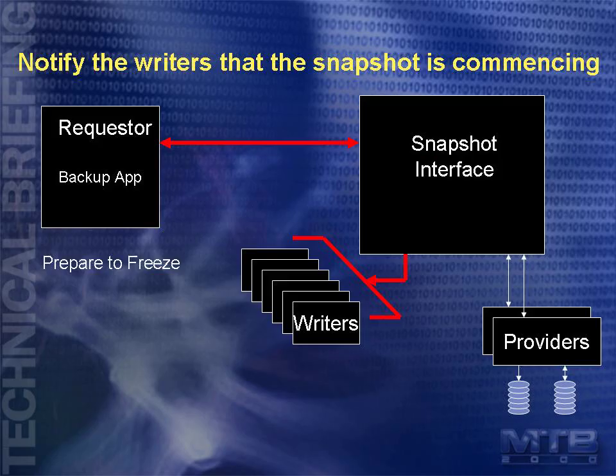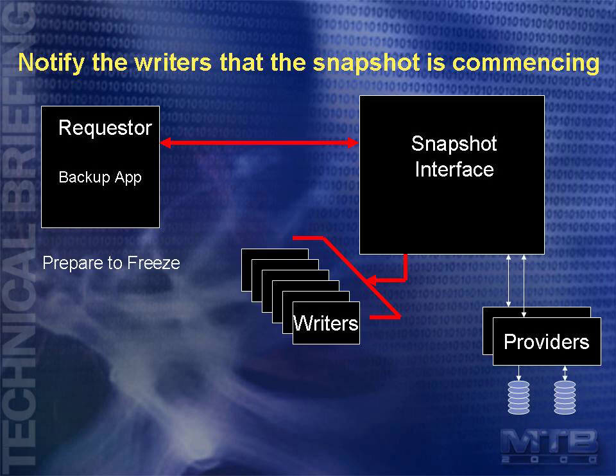Once he does that, he notifies the writers that a snapshot is going to commence. So he tells the snapshot interface, I'm going to do a snapshot now, so get ready. This is called the prepare to freeze stage. During this stage, there is unlimited time for the writers to do whatever they deem necessary to get ready for a backup to happen.